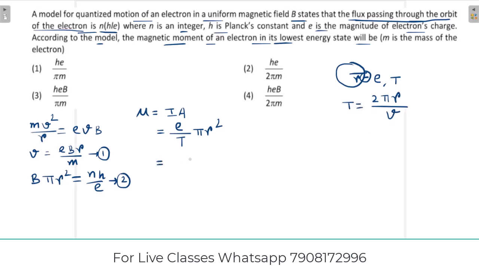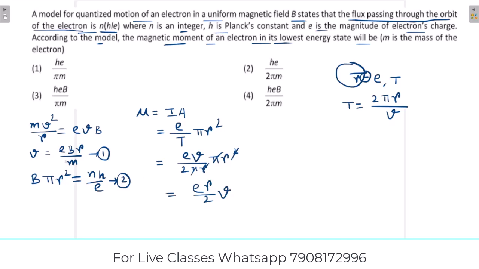So put the value of T: e divided by 2 pi r by v, into area pi r square. Here one r cancels, pi cancels, so it becomes e r by 2 into v.